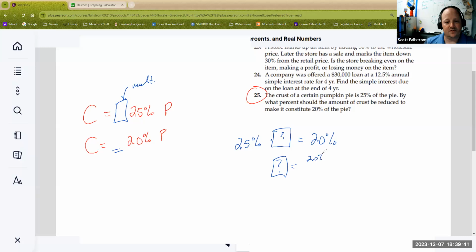Okay. If you want to, solve for your missing piece. It's 20% divided by 25%, which turns out to be what? Well, the percentages go away because we're dividing. I get 20 over 25, which is really 4 over 5. So 4/5 is what I need. 4/5 becomes 0.80, which becomes 80% of, which becomes a 20% decrease.